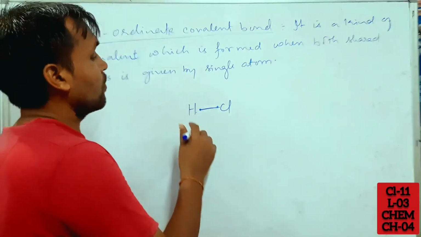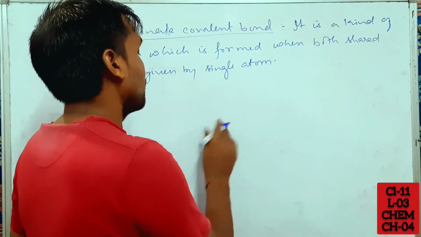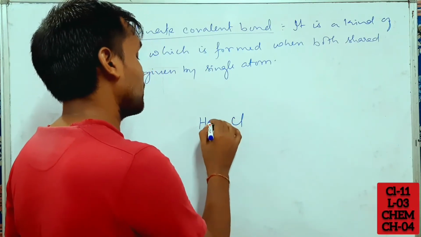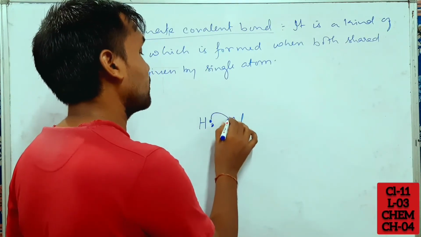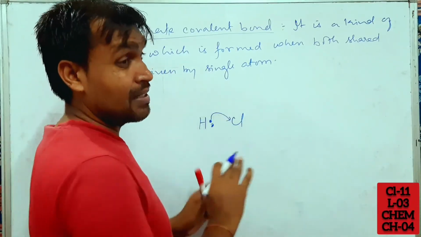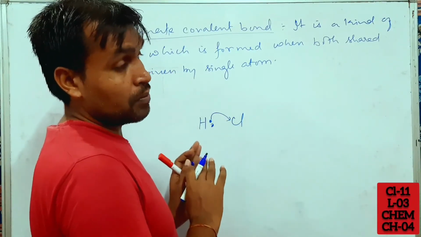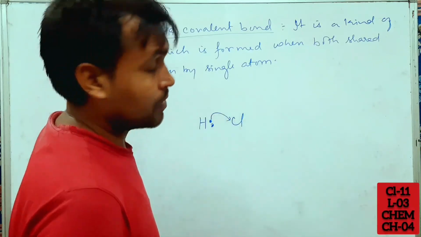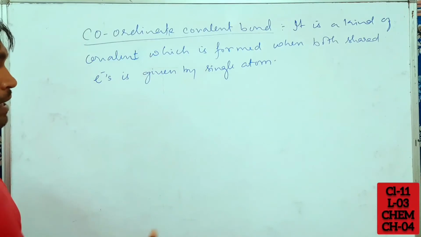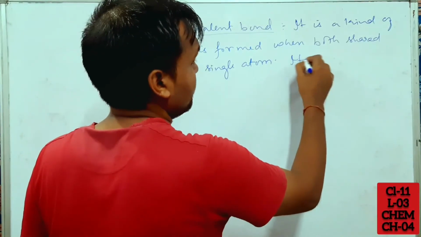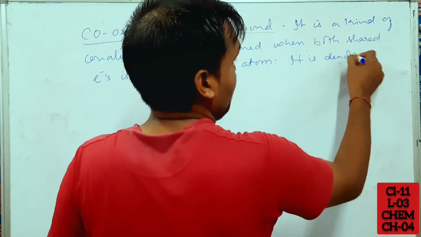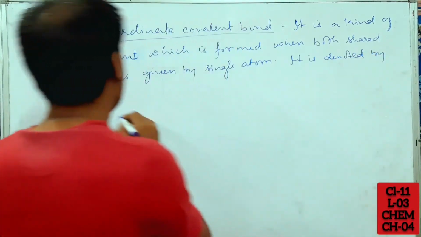But in a coordinate covalent bond, both the electrons will be given by one atom. The bond in which both electrons are given by one atom, we call it a coordinate covalent bond.